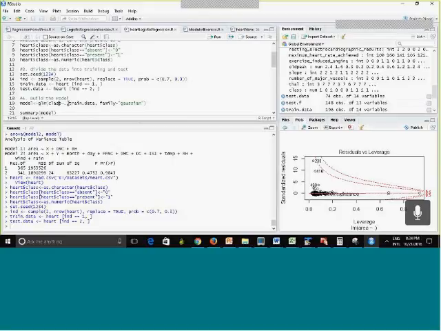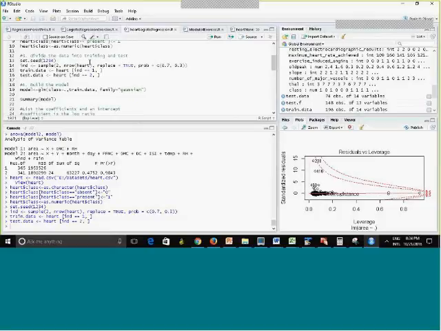Train data means I'm using my training data to train the model. And here the family is Gaussian. There are different types of models. I picked this. Let me go ahead and run this.